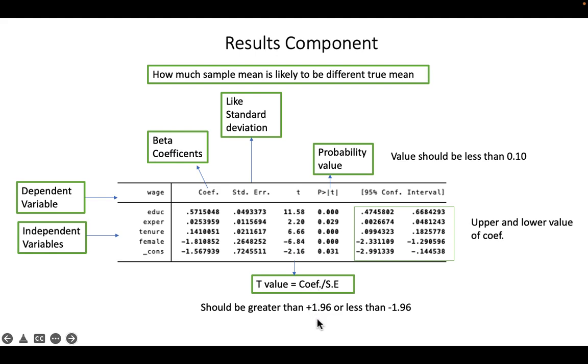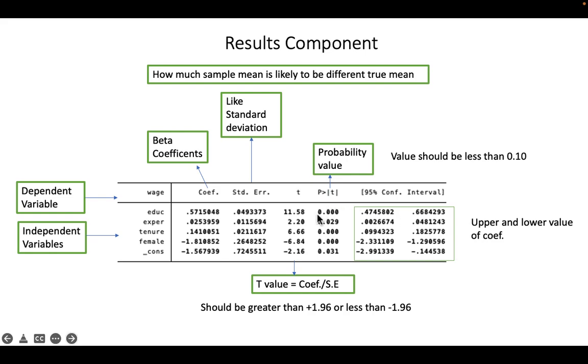One way to remember this is that if the t-value is greater than 1.96 or less than negative 1.96, you can say that your results are significant. It's basically hypothesis testing, and the easier way to go about this is to look at the p-values.